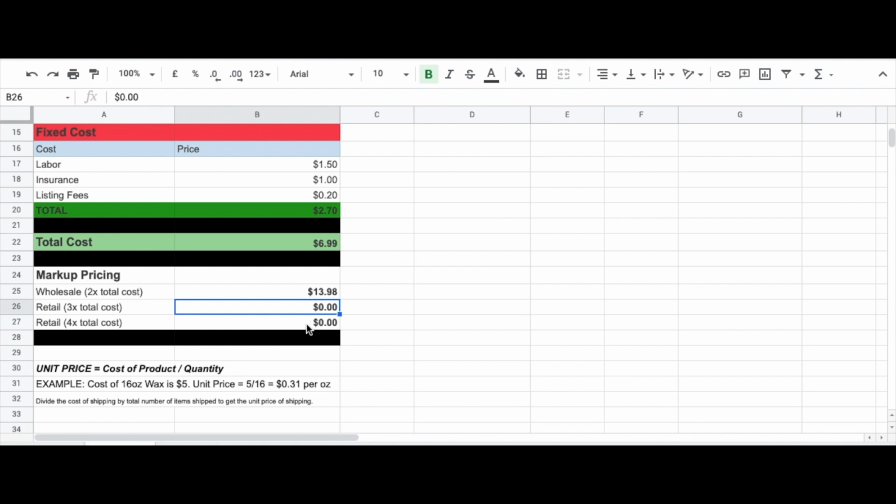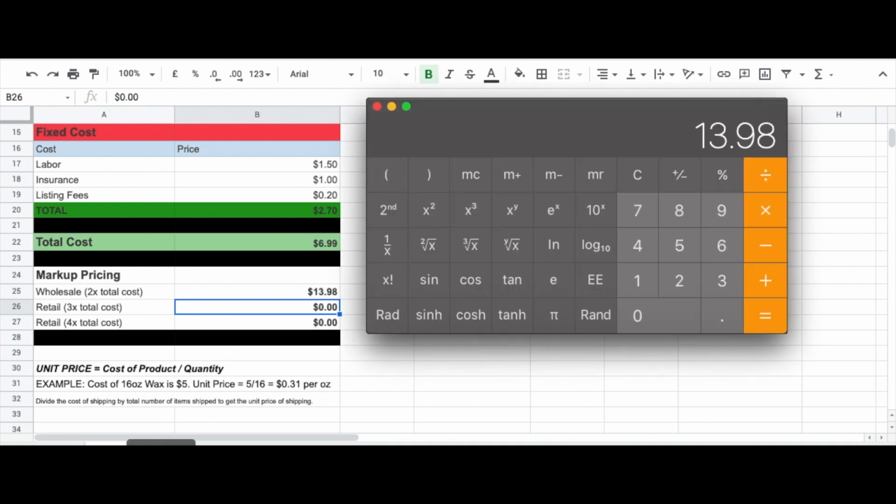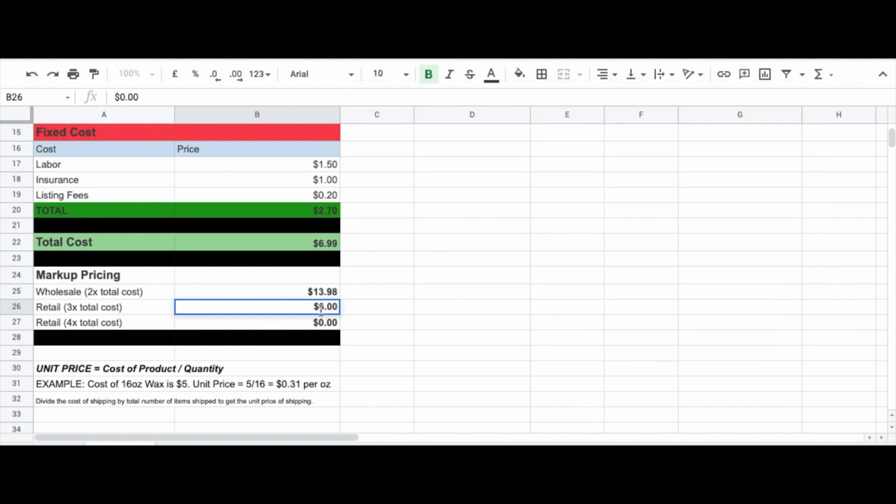Okay, so let's do 6.99 times 3 for our retail. 20.97. So if you made your candle for 6.99, you are supposed to be selling your candle for 20.97, not $10.